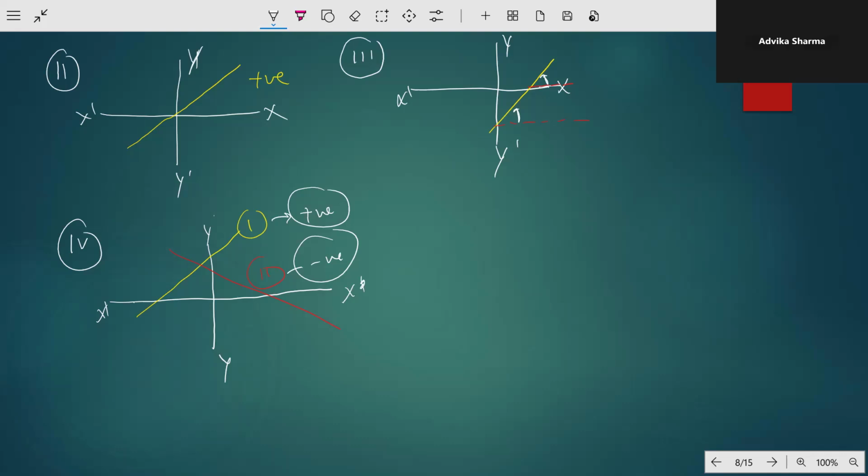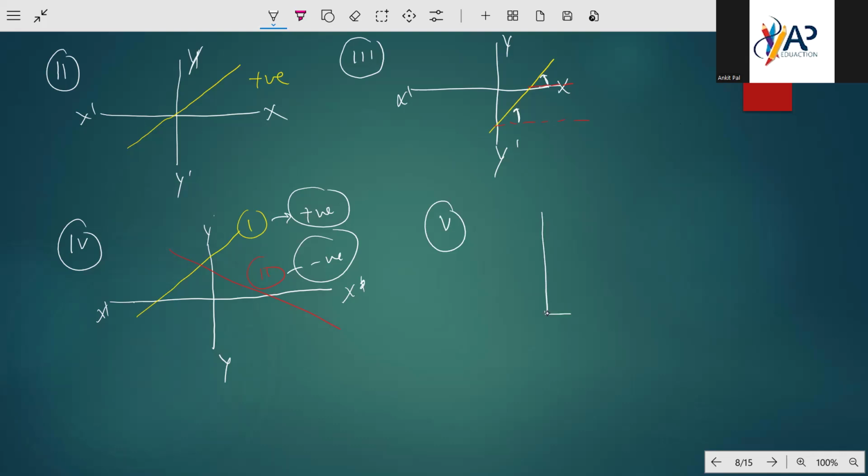If another graph I draw, suppose that this one, can you tell me this graph is positive or negative? Negative. Very good.